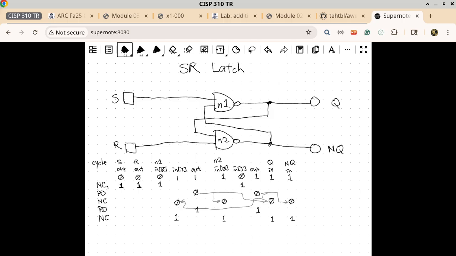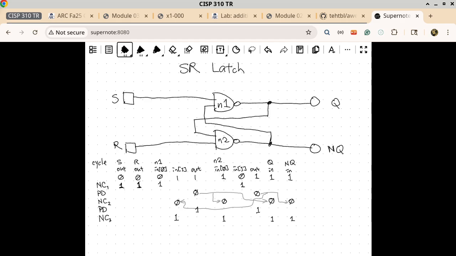This is NC1, this is NC2, this is NC3. NC3 is exactly the same as NC1, which means if I have a PD right after NC3, it would look exactly the same as the PD right after NC1. This becomes a loop. It will never end. We are not going to get to a steady state in this particular configuration.